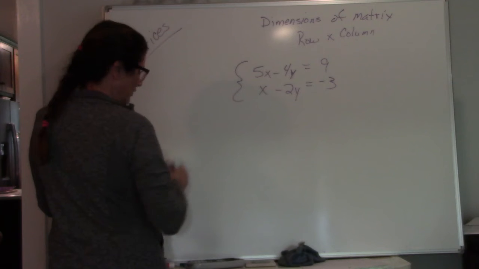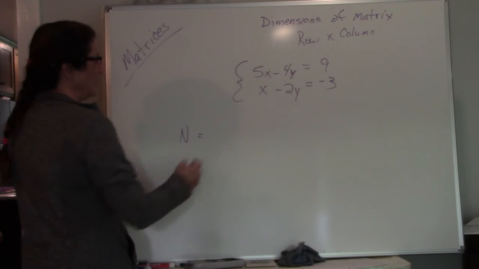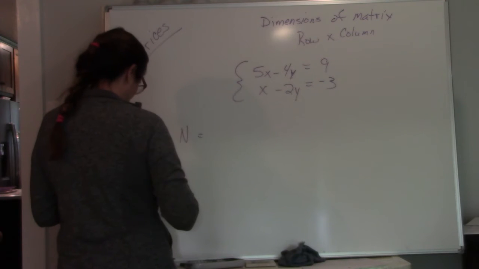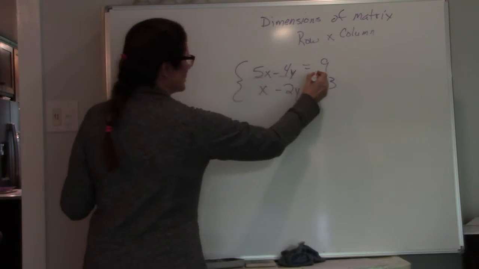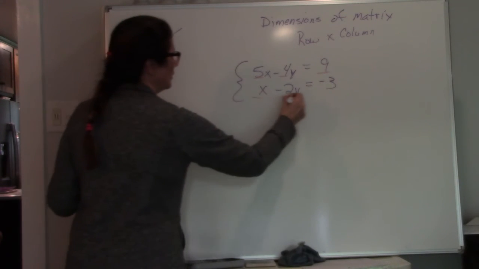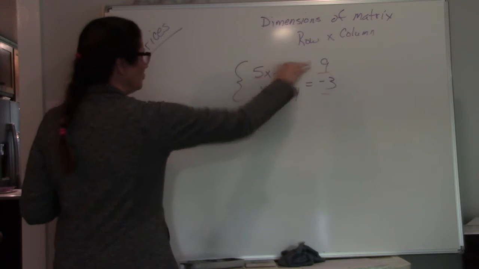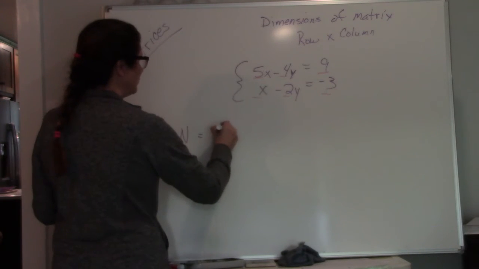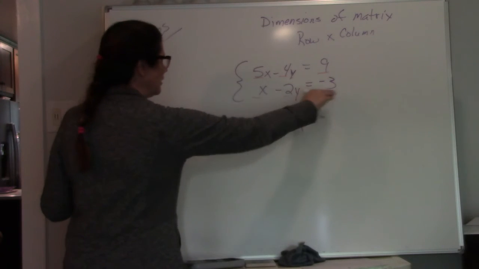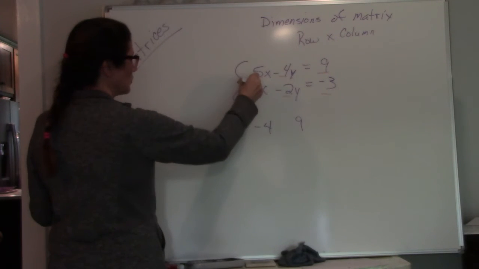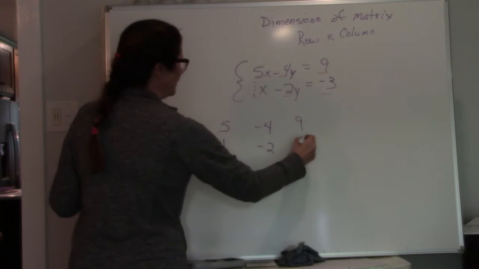So let's call this matrix N. The matrix is always designed based on the coefficients of your system of equations. In the first row, we have 5, negative 4, and 9. In the second row, we have 1, because remember this is an assumed 1, negative 2, and negative 3.